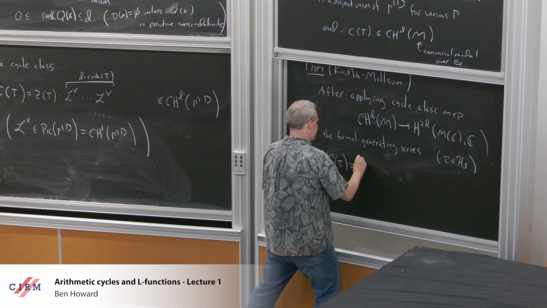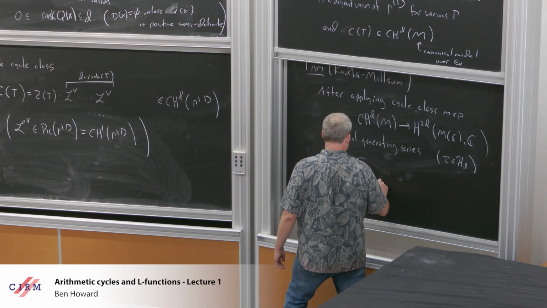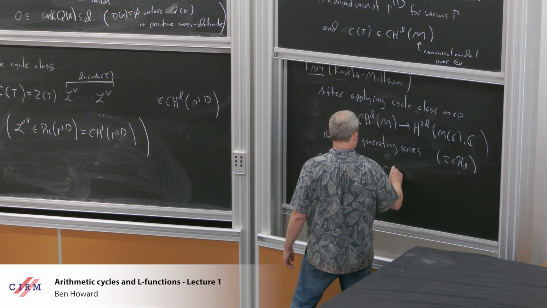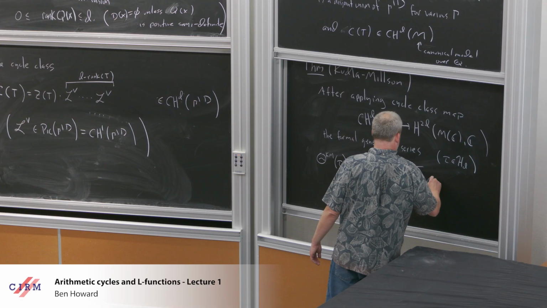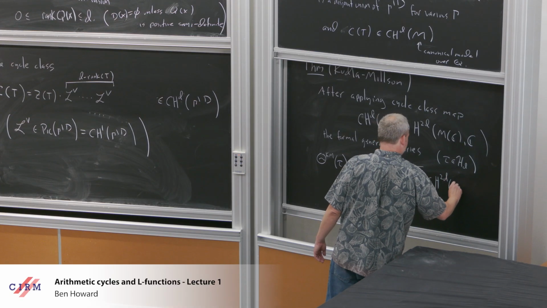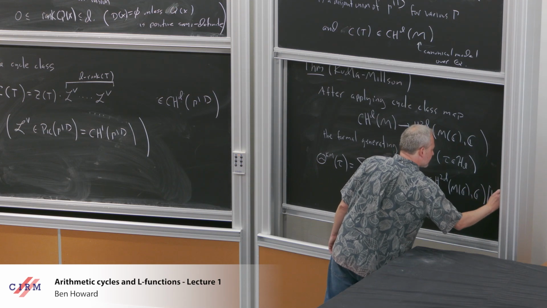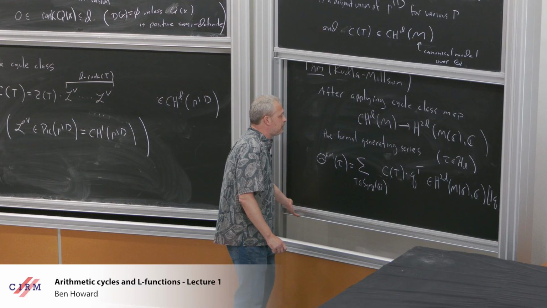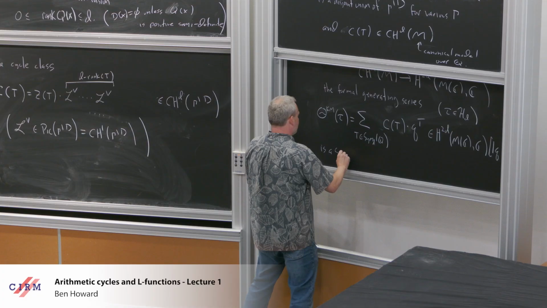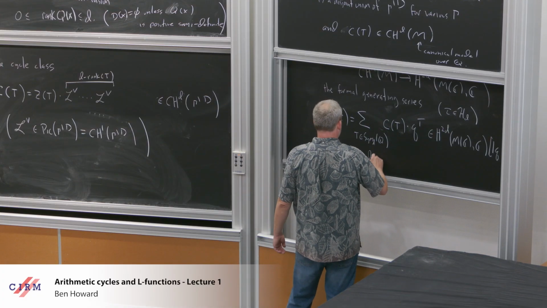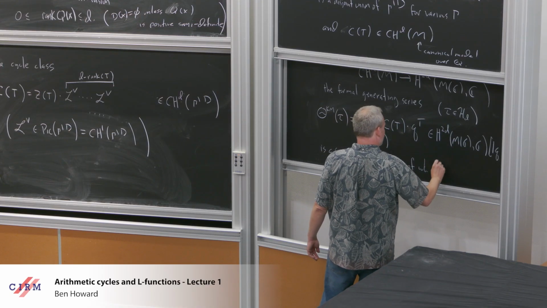Theta KM of tau, you take the sum over all symmetric d by d matrices of this cycle class, but in cohomology. So this is a formal generating series valued in cohomology, cohomology double bracket Q, is a Siegel modular form of the expected weight, half the dimension.